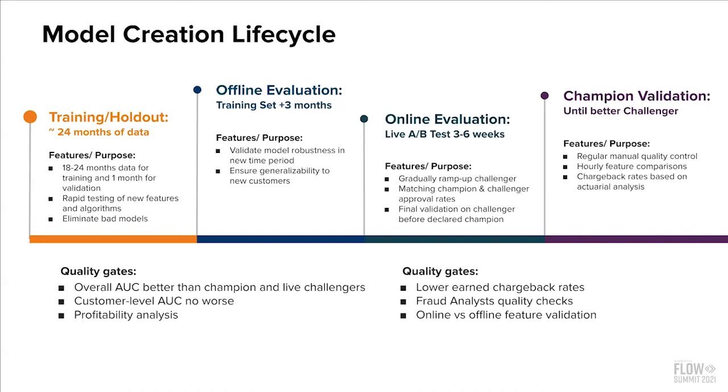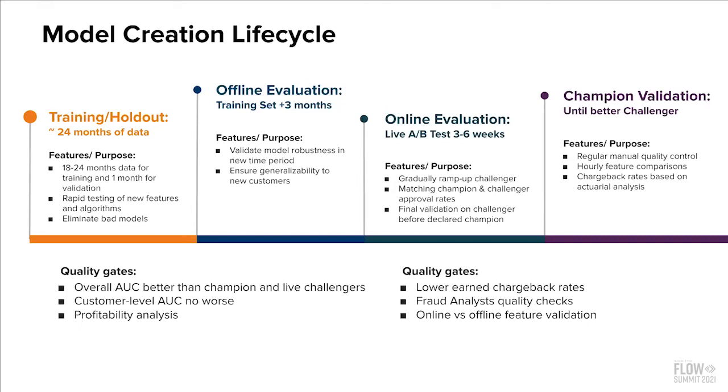We typically use about 24 months of data, and we rapidly introduce and test new features. We eliminate as many bad models as possible, and then we go into the offline evaluation, which would take a data set that the model has not seen.